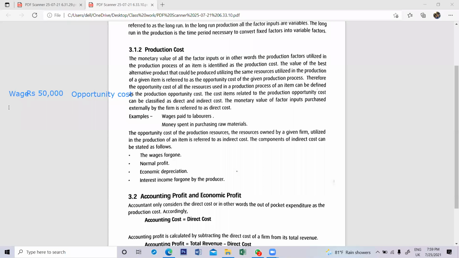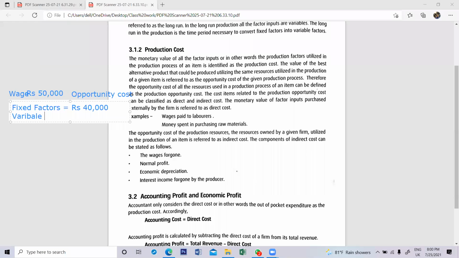Now he started a business. He wanted to buy capital, I mean fixed factors. We just take, he just purchased fixed factors for 40,000. As well as he purchased variable factors.